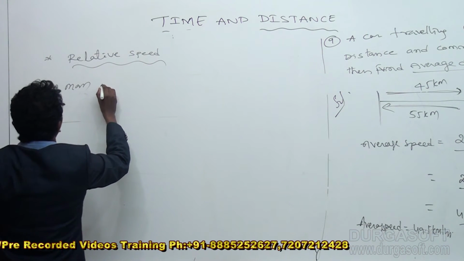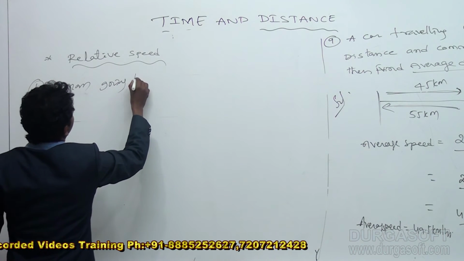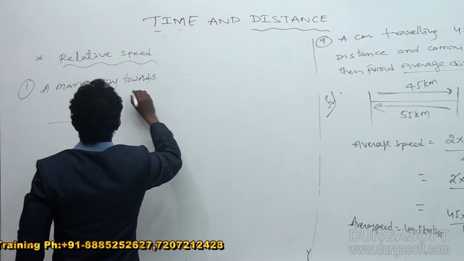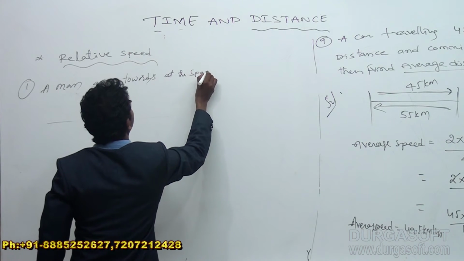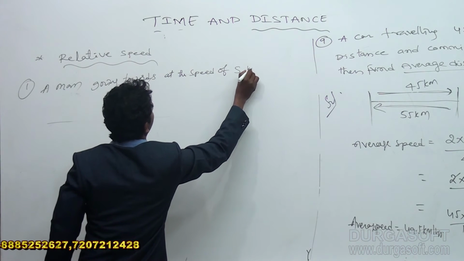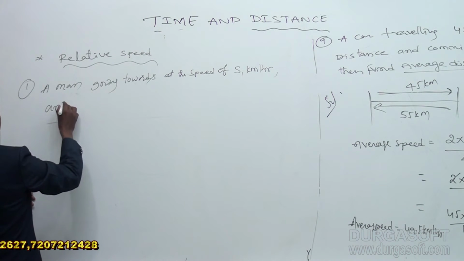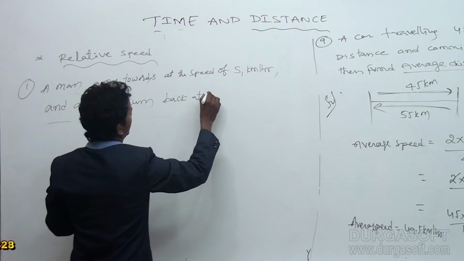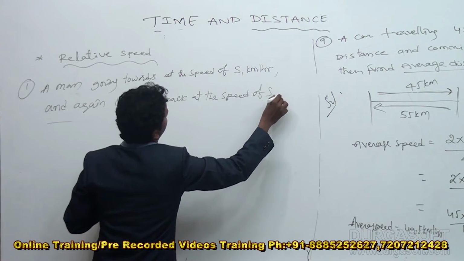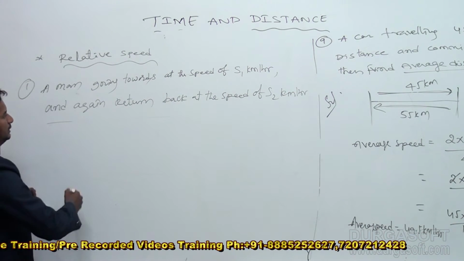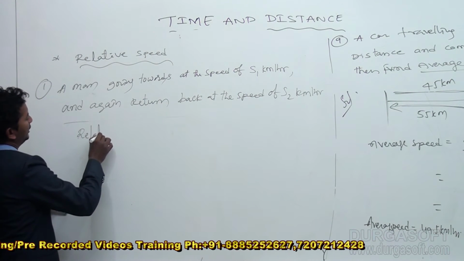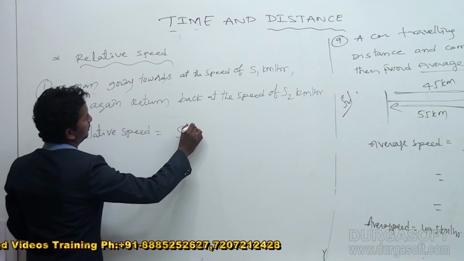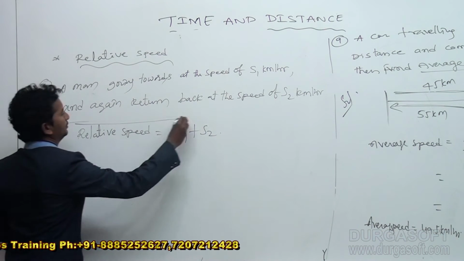A man going towards at the speed of s1 kilometer per hour, and again returning back at the speed of s2 kilometer per hour, then the relative speed is equal to s1 plus s2, both will be added here.